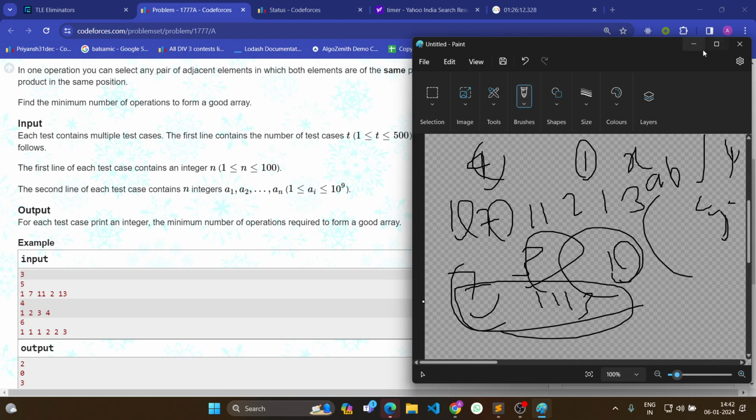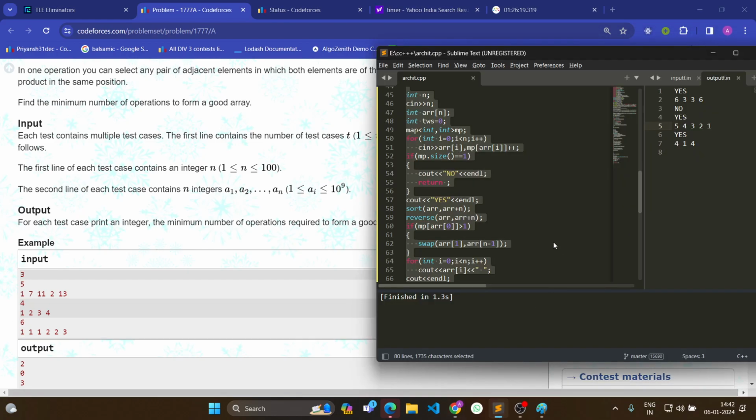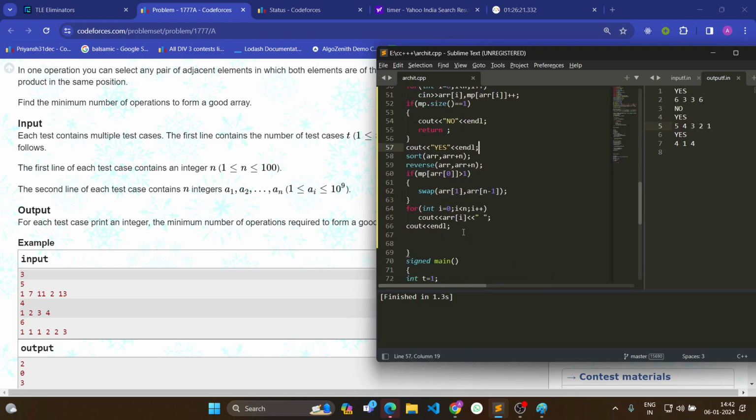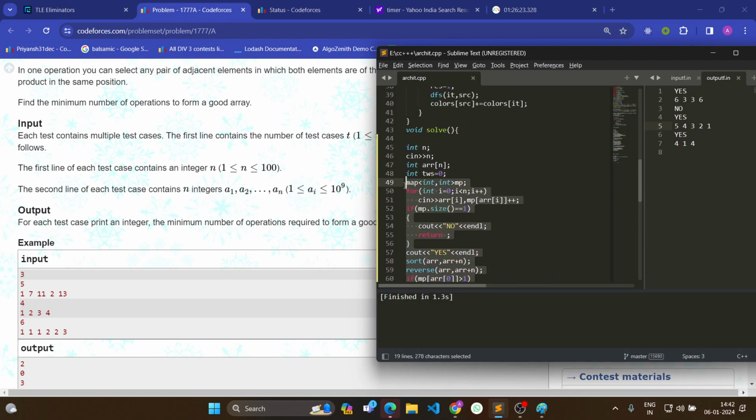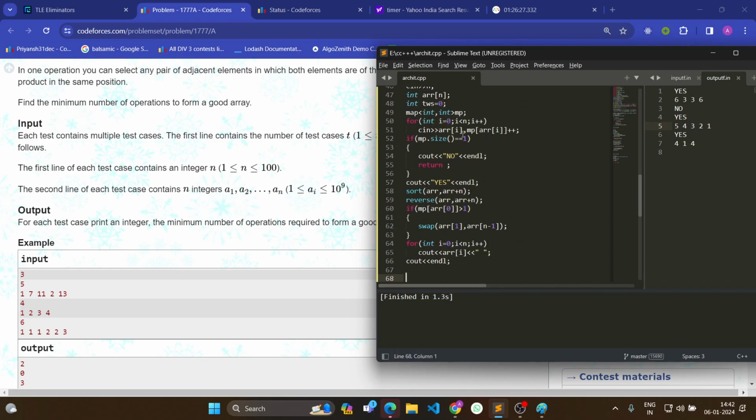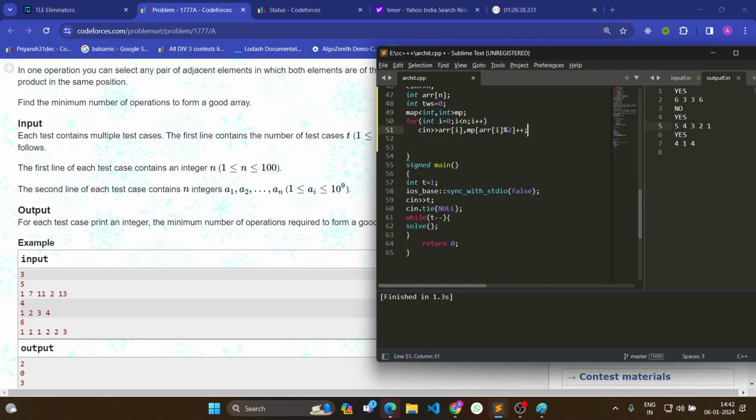If it is not, then I'll need to decrease it.